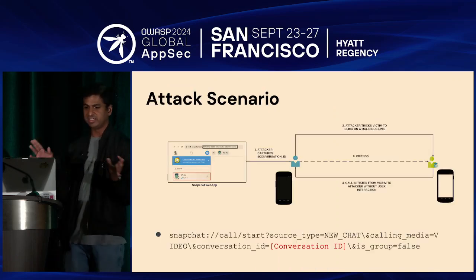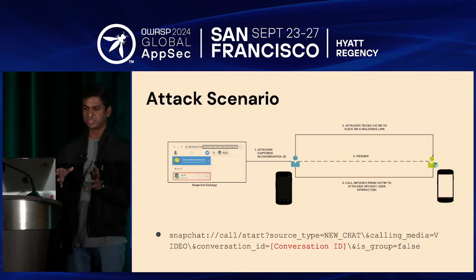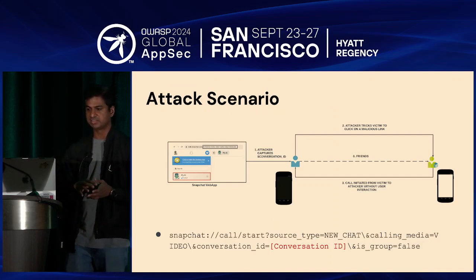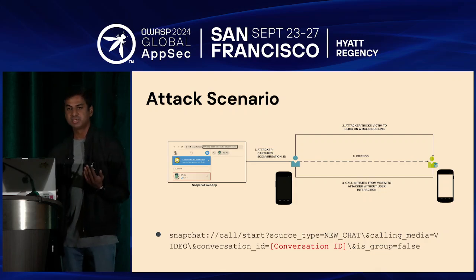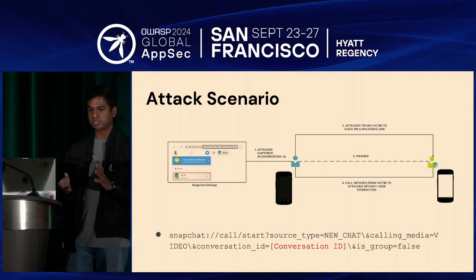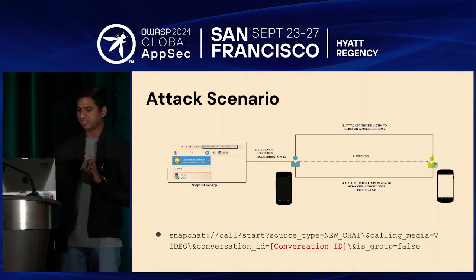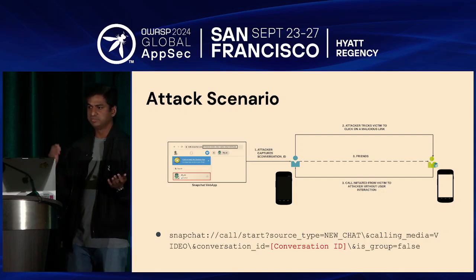But essentially, if you understand what's going on, there are certain necessary conditions for this attack. The first condition is that you can only affect a victim who is connected to you by a friend relation. And if so, what you can then do is start a conversation on Snapchat web client, capture the conversation ID associated with that, and then craft a specially crafted Snapchat protocol URL, and then send it to the victim in some way.